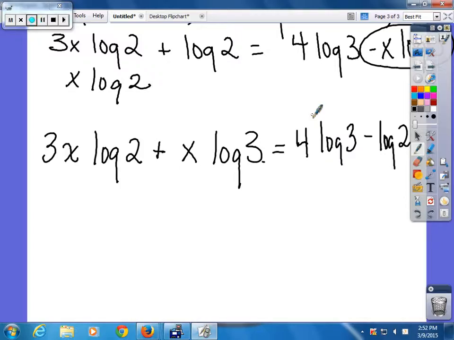If something was in common, what did you do with it? X squared plus x is equal to 4. What did you do with that x squared plus x? If something was in common. So what do you do if something's in common? Factor it out. And since x is what you're looking for, you factor it out.